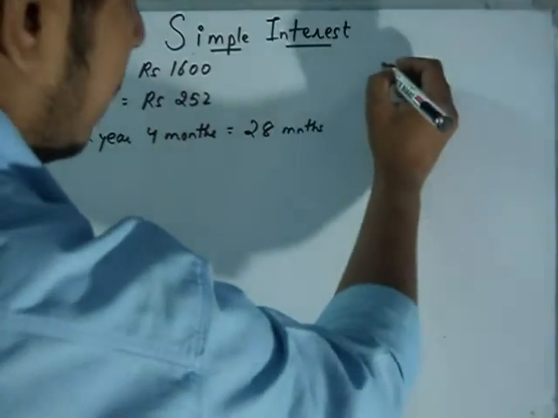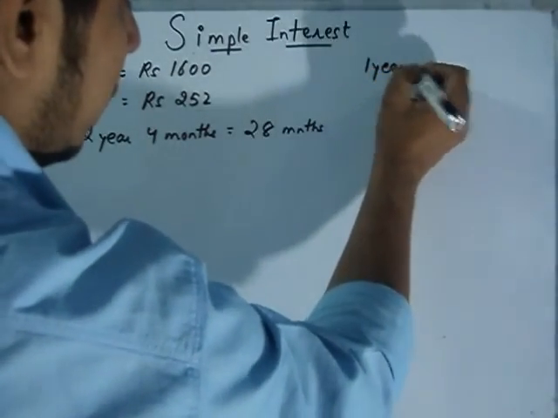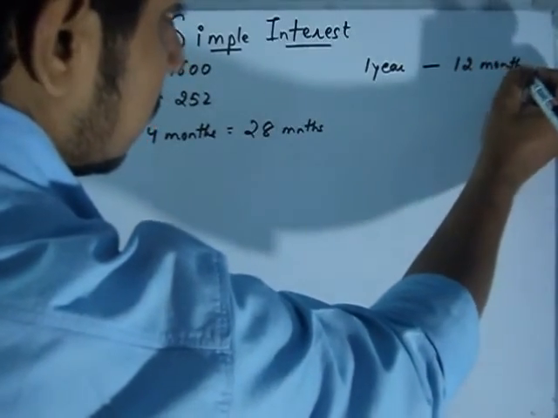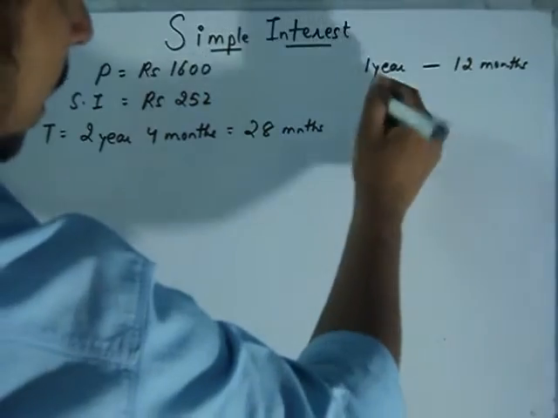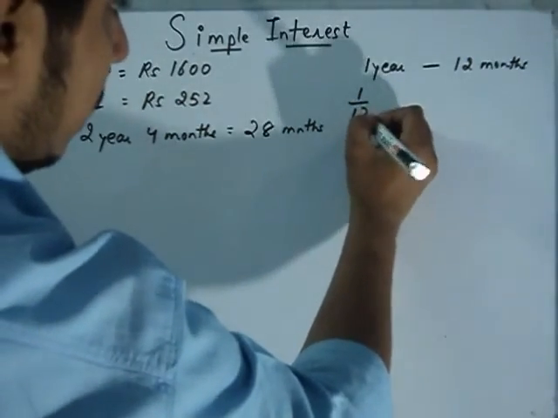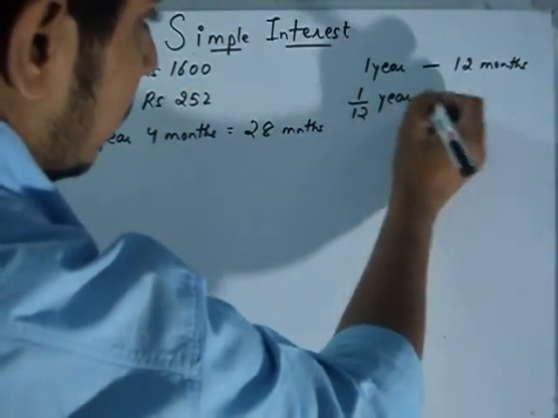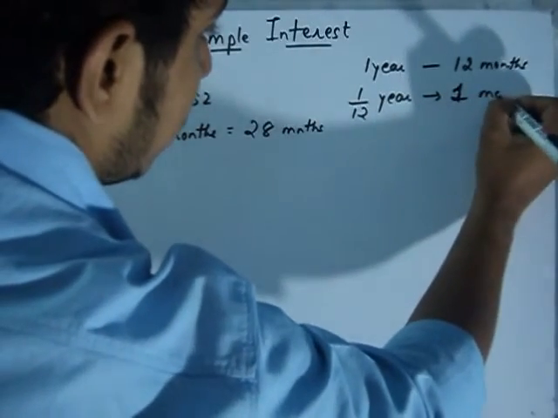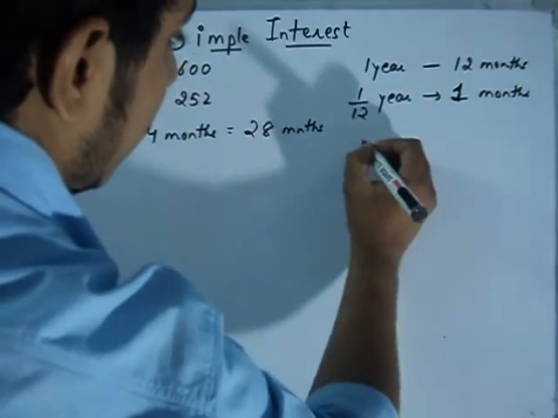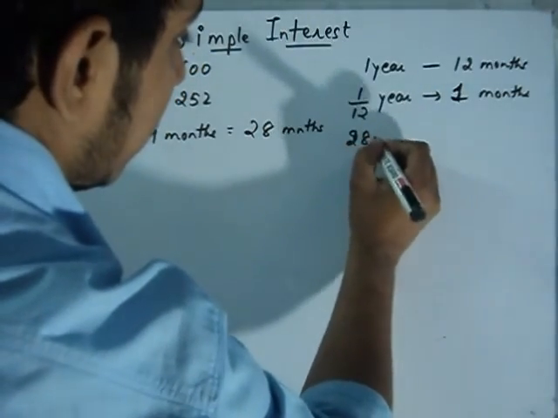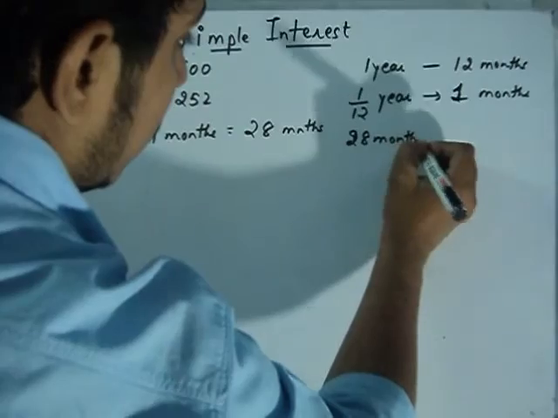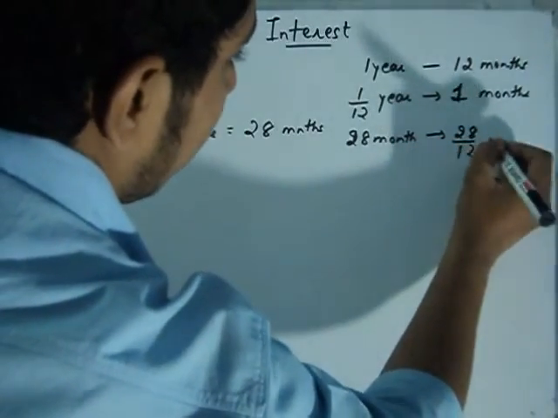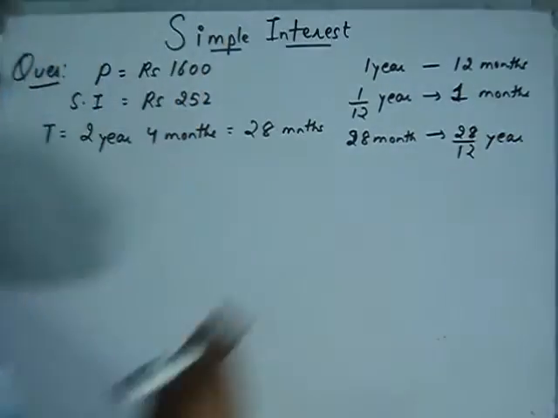We can use the unitary method. 1 year has 12 months, so 28 months we can write as 28 by 12 years.